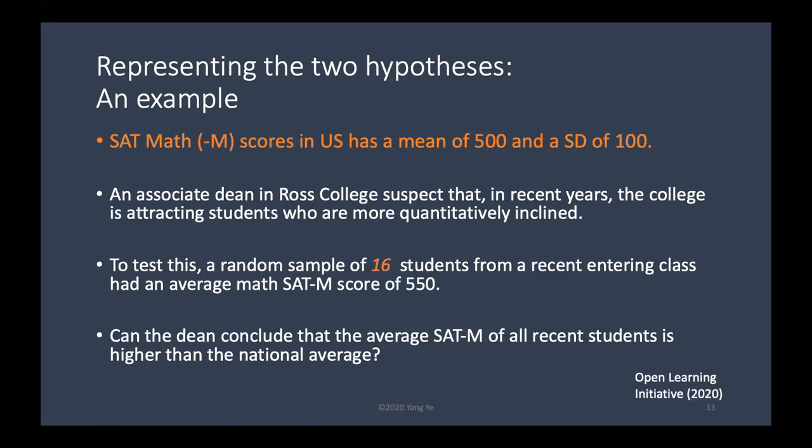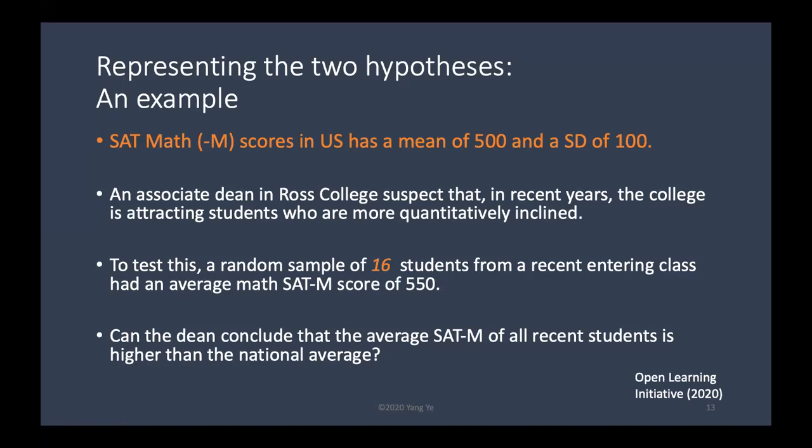So this associate dean takes a random sample of 16 students and finds that these 16 students have a mean SAT math score of 550. So that's our sample mean. Now the goal is to determine whether we can conclude that the average SAT score of all the students in this college is higher than the national average.